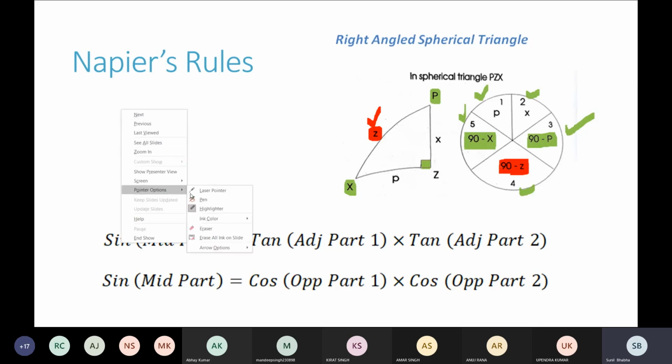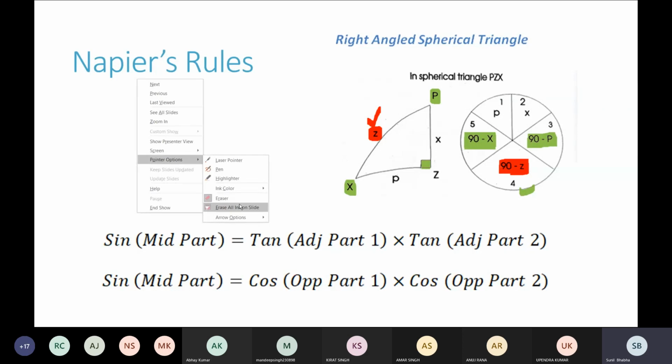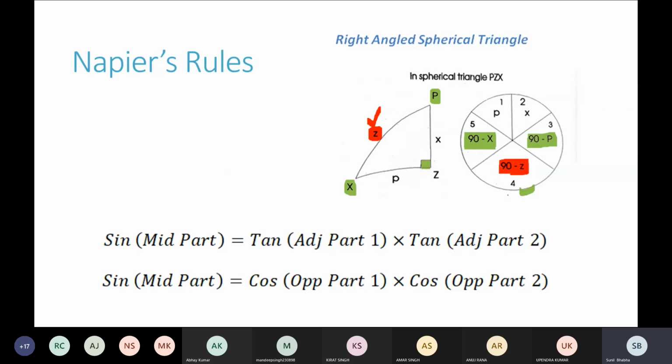तो which part should I pick up as my middle part? Number 4. Number 4. Very good. Number 4 has to be my middle part.